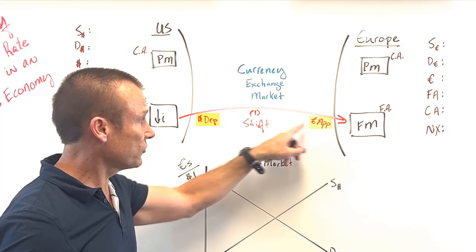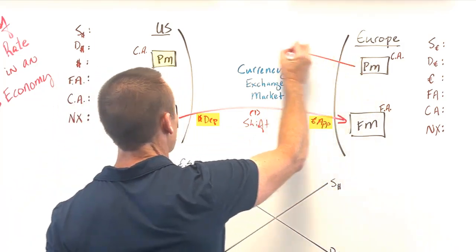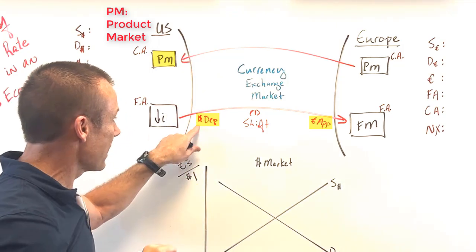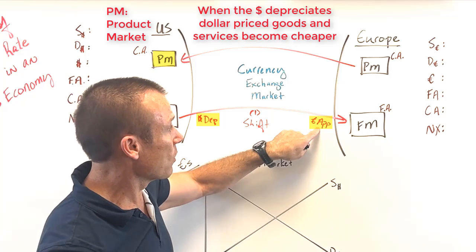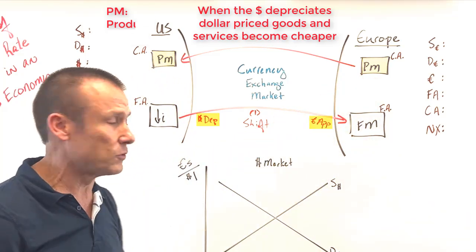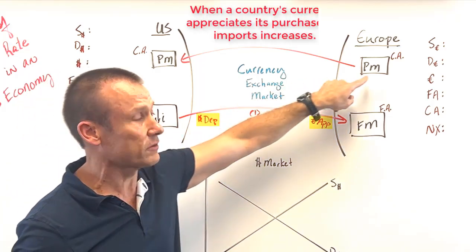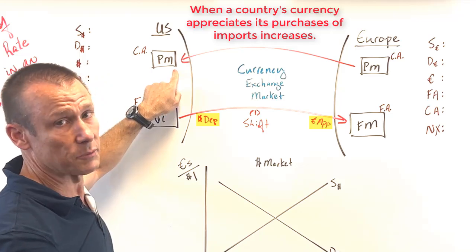Now, because of this change in the exchange rate, we're going to get this flow right there, right? When the dollar depreciates, this stuff becomes cheaper. When the euro appreciates, this stuff becomes more expensive. And I could have said it in a few different ways, right? When the dollar depreciates, this stuff becomes more expensive. When the euro appreciates, this stuff becomes cheaper.